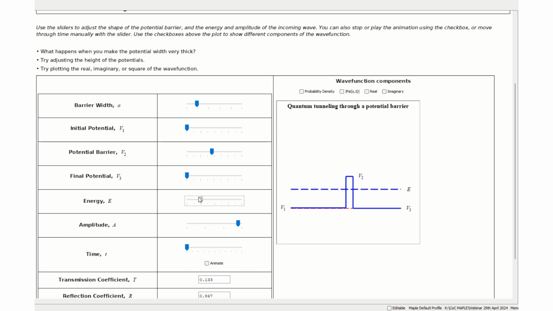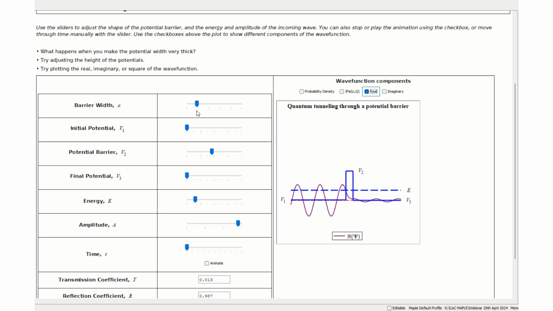The energy of the particle which is tunneling is small, approximately 1/3 of the energy of the barrier. And now I want to introduce the real part so you can see the tunneling effect.